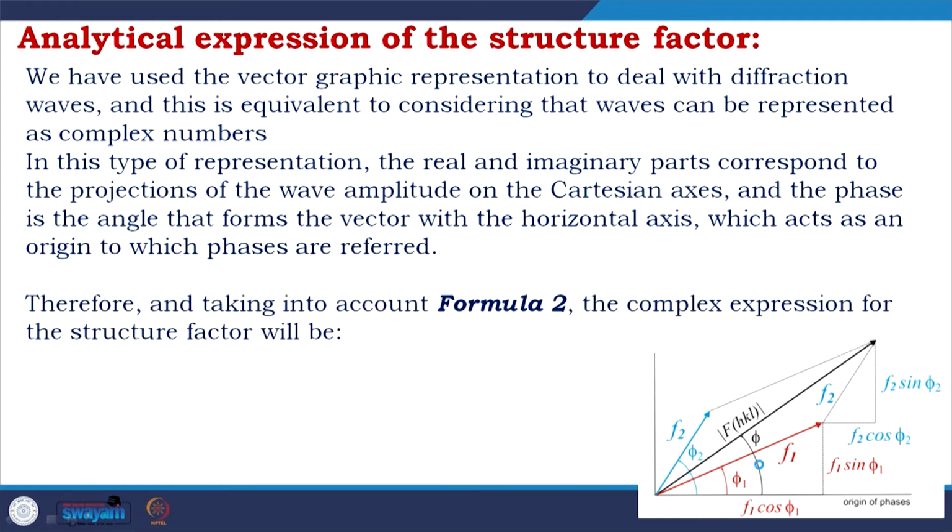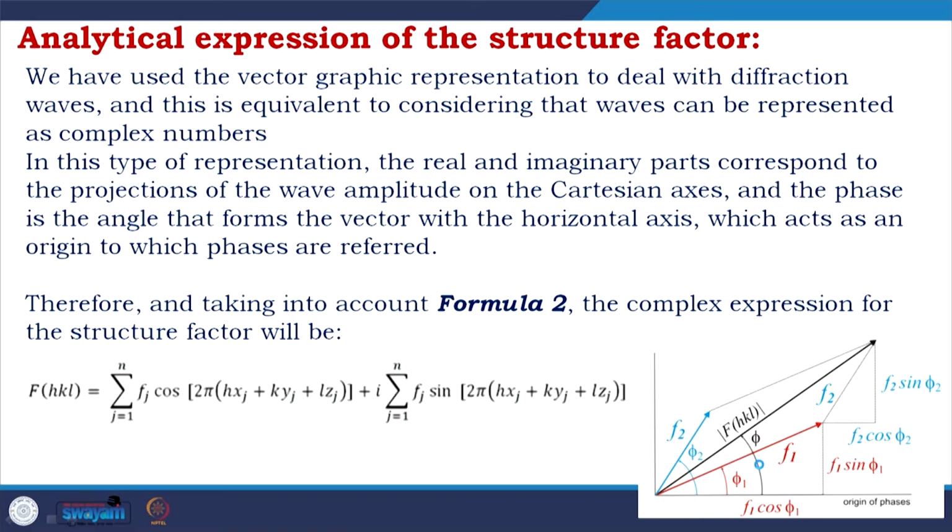Therefore, with this understanding and taking the formula 2 of the structure factor, the complex expression for the structure factor will be FHKL equal to summation j equal to 1 to n, for the n atoms present, of Fj cos 2 pi (h xj plus k yj plus l zj), plus i summation j equal to 1 to n of Fj sin 2 pi (h xj plus k yj plus l zj).